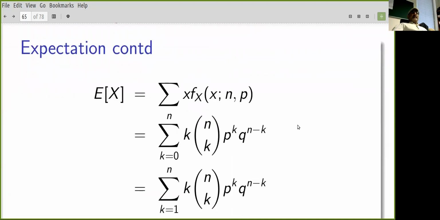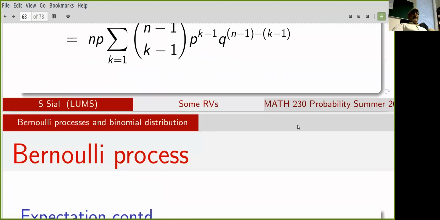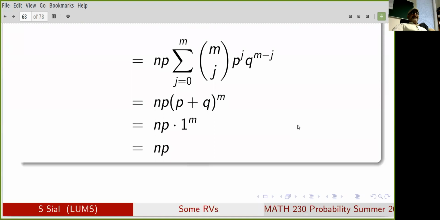And then, well, there's this long derivation, and you should all work through it once in your life, right? But I don't want to just talk at you. So anyways, the expectation for the binomial random variable is n times p.